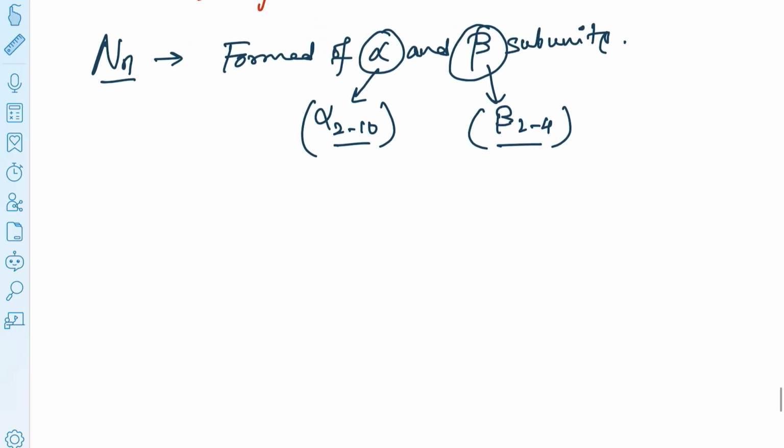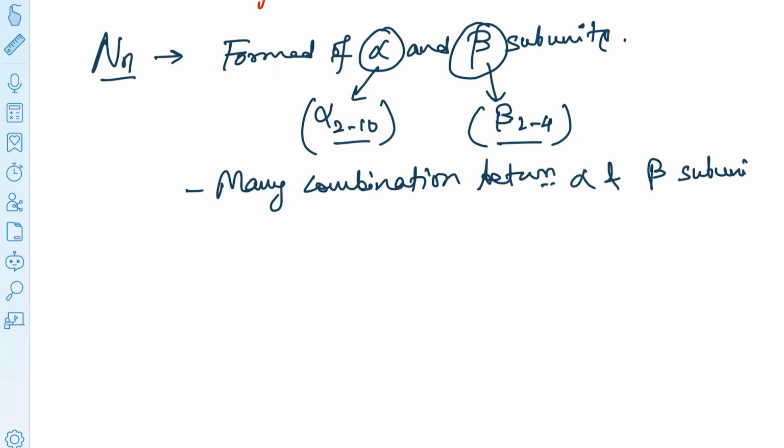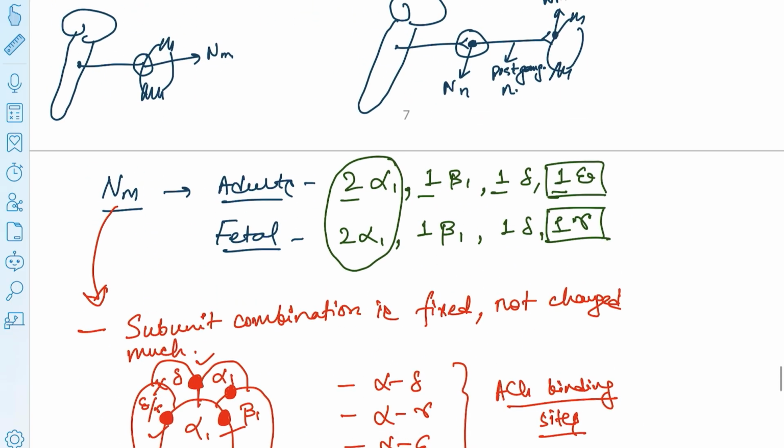So it can form many combinations between alpha and beta subunits, right? So as you can see, there are alpha 2 to alpha 10 subunits and beta 2 to 4 subunits. So any of the alpha can bind with any of the beta, and even alpha can bind with its own alpha subunits to form homomers, right? Whereas in case of nicotinic muscle receptor, what we found is the combinations are very fixed, right?